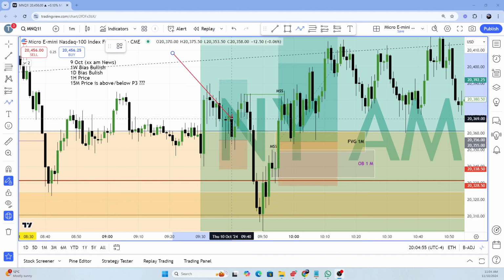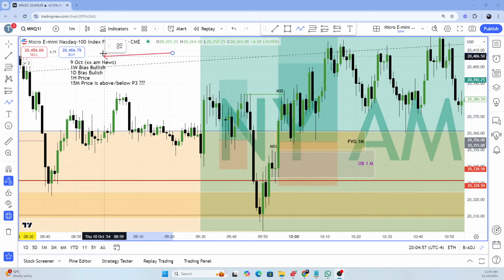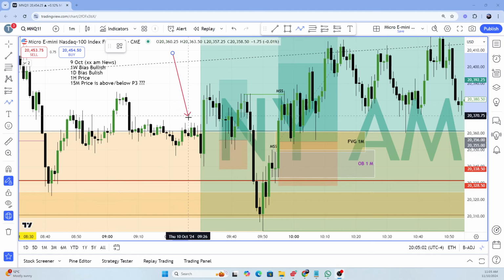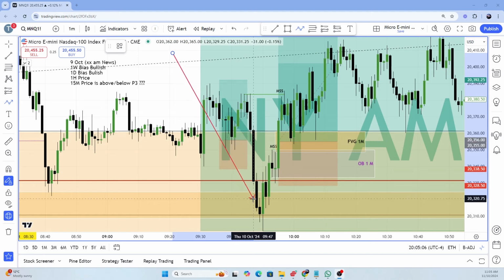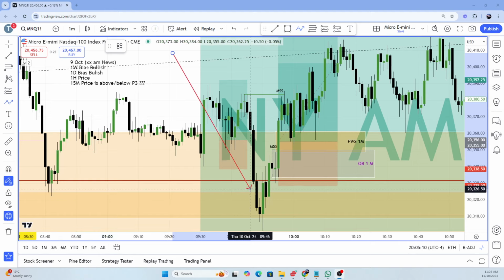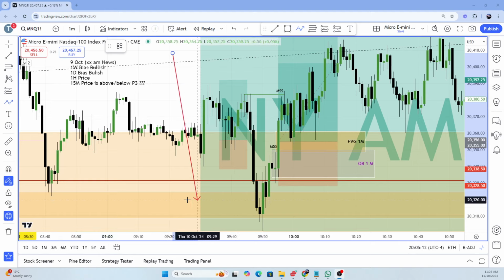This is the 1 minute chart, and this is that exact area, and this is the 9:30. This is where the 9:30 price move grabbed the liquidity generated at 8:30. So the sell side liquidity has been grabbed, and this is that 15-minute fair value gap, and below that is the order block.